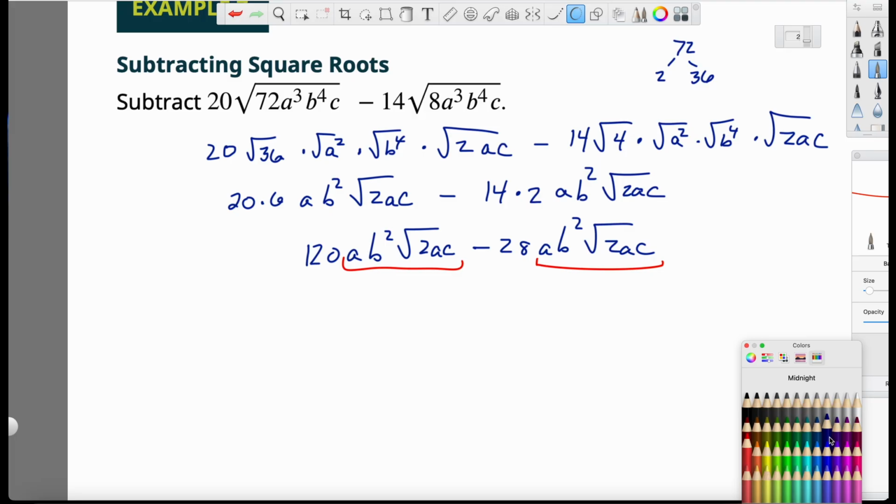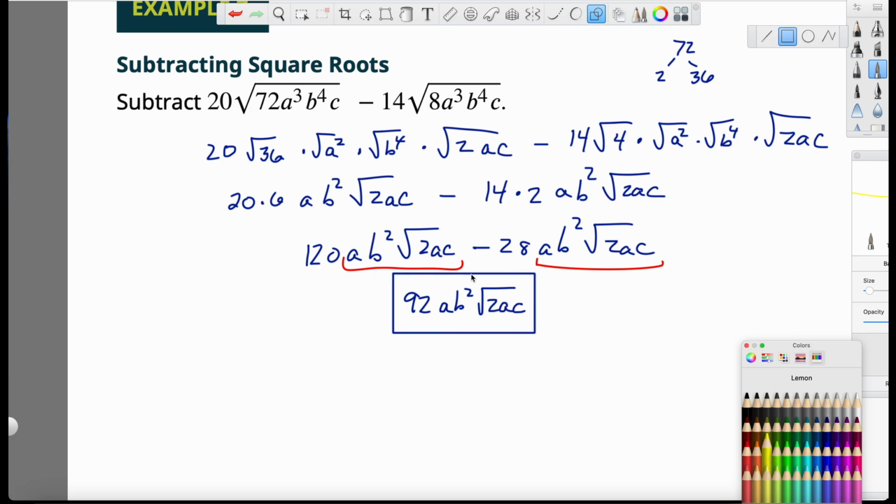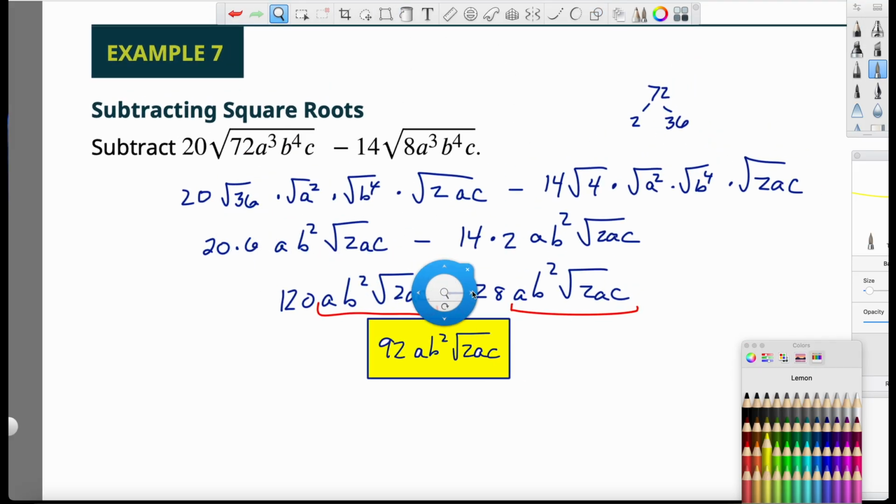So if I take 28 away from 120, that would be what, 92? 92 ab squared root 2ac. Boom. That one's done. This is example 7.